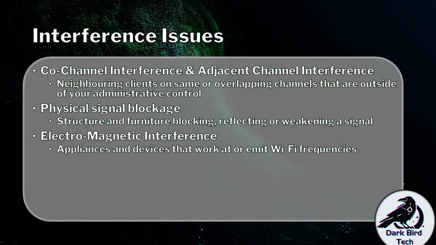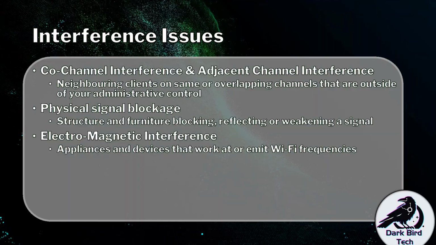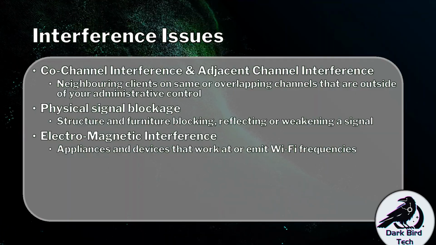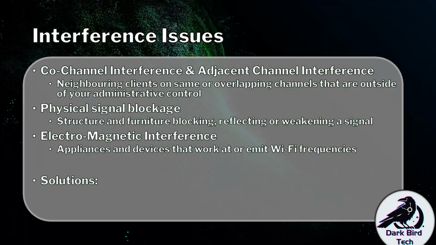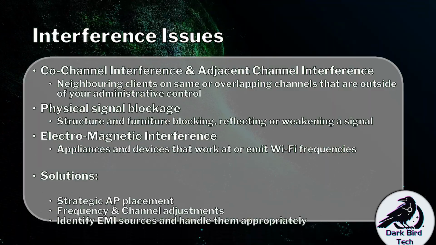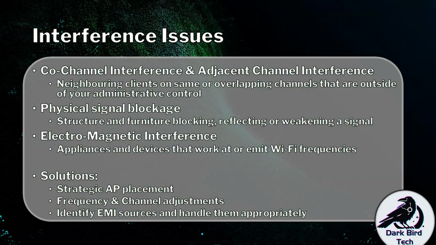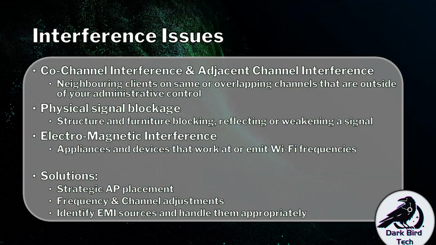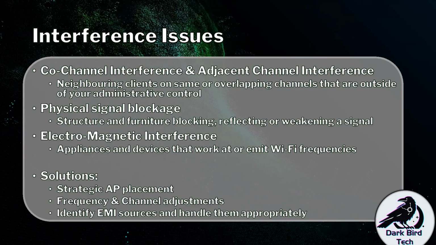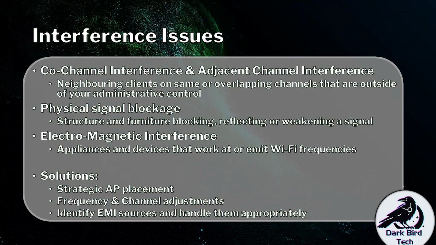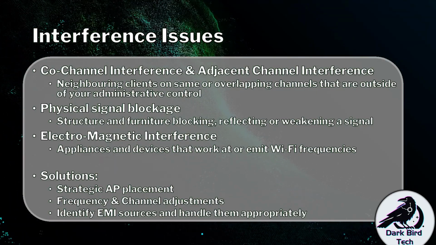For instance, microwave ovens with very bad shielding are highly likely to cause EMI and mess with wireless signal whenever somebody's busy reheating something. So the solutions for this, you could either reposition your access points, make frequency and channel adjustments, or try and identify those EMI sources. You might need a radio frequency spectrum analyzer to do that, and then you deal with those sources appropriately.